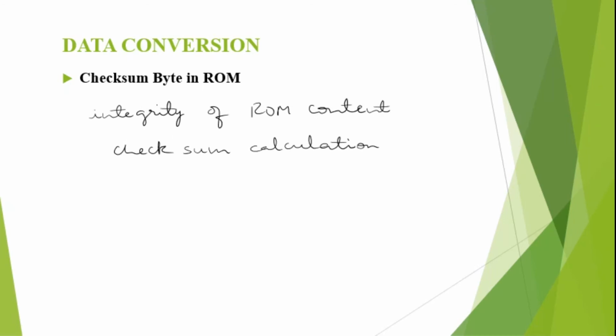The data may be corrupted in ROM due to a current surge, either when the system is turned on or during operation. So to ensure the data integrity in ROM, we have to perform this checksum calculation. It uses the checksum byte.